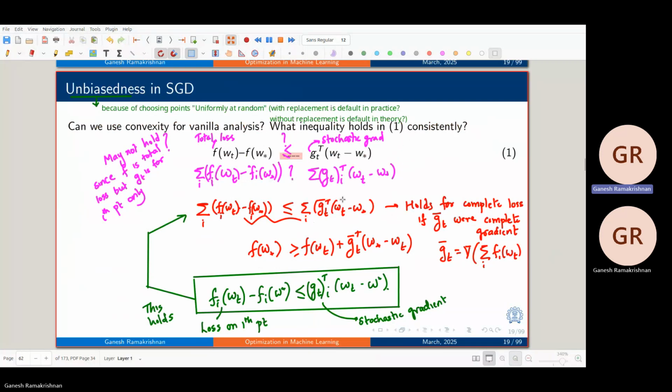With stochastic gradient descent, when we have an unbiased estimator, this won't hold, right? But the point is, the inequality will hold in expectation. For a single point, it may not hold, but the expectation of the left-hand side will be less than or equal to the expectation of the right-hand side, right?